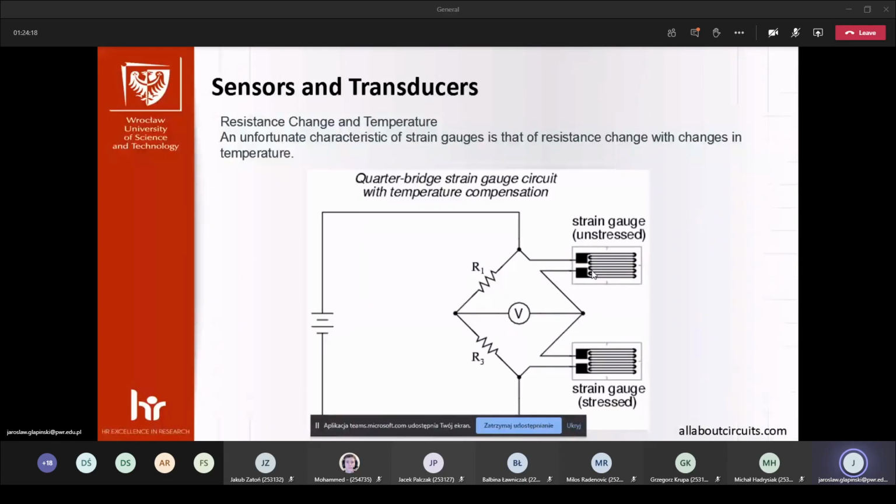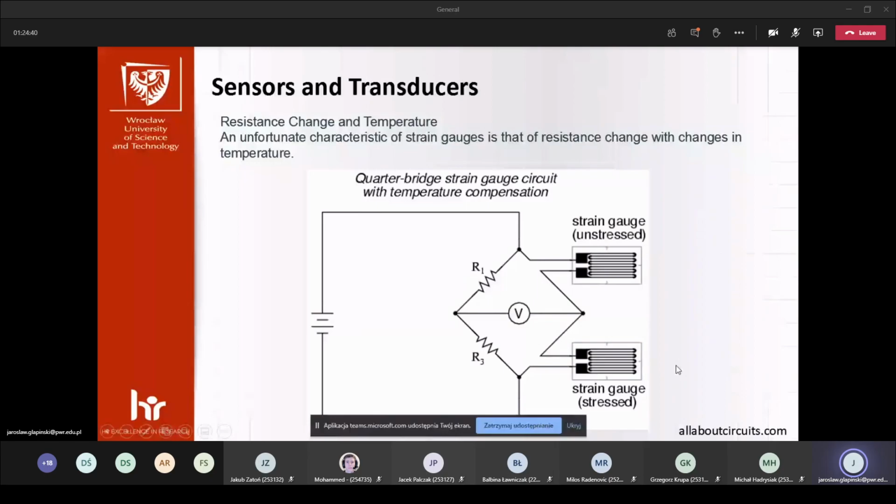The strain gauge is also very sensitive to the outside temperature. So if we would like to measure, for example, movement or a force, it can't be dependent on the temperature.